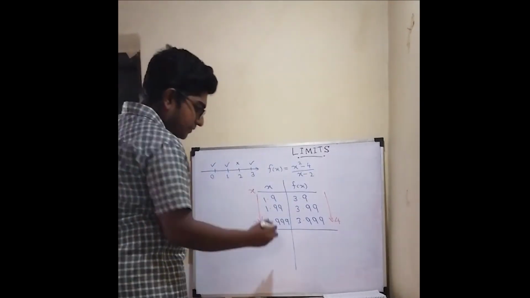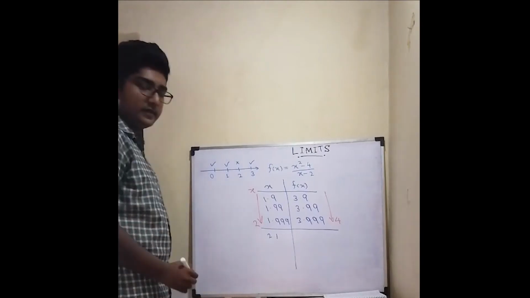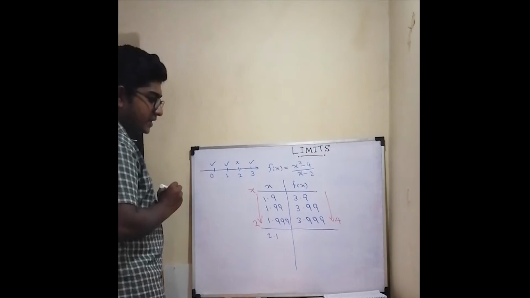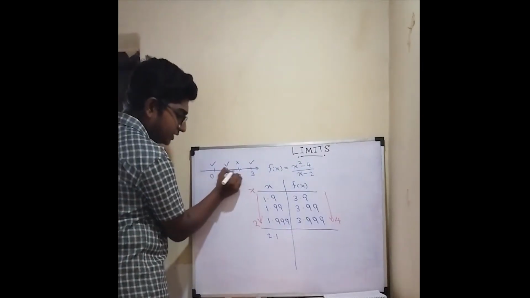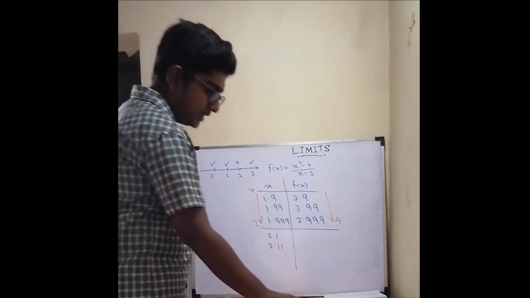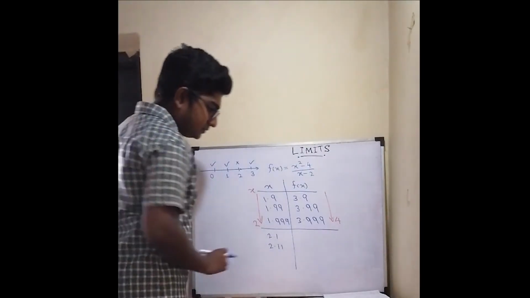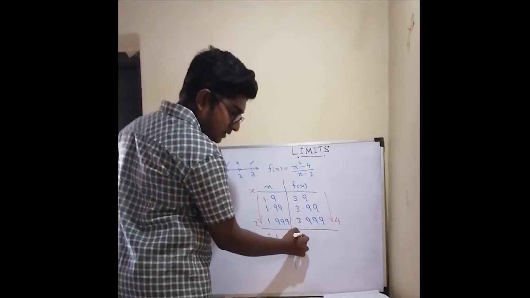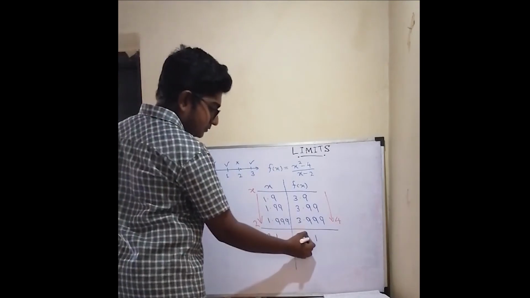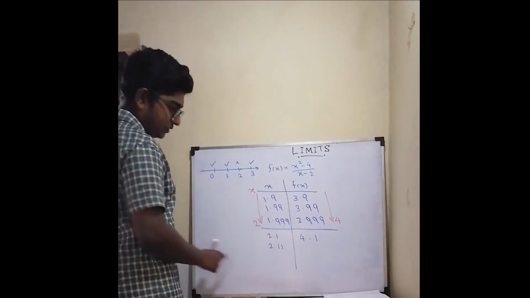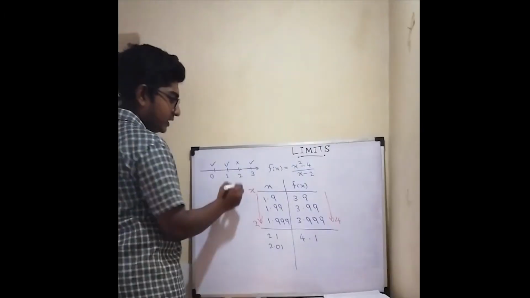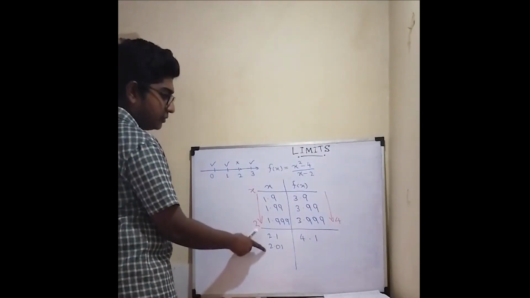That means 2.1, somewhere here. Then I can go further towards 2, it is 2.01. 2.1 is more than 2.01.